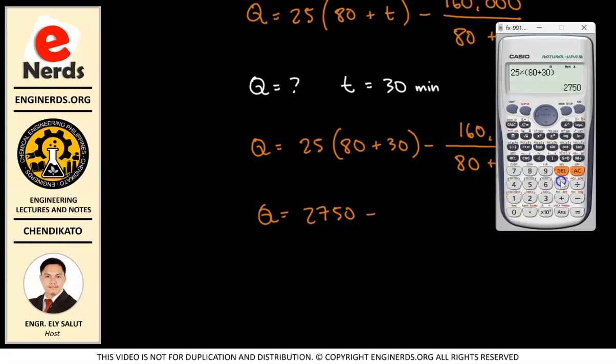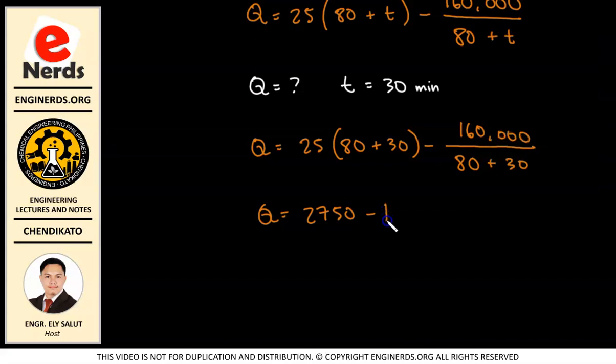So 160,000 divided by 110 gives us 1454.54. So we're just solving that.